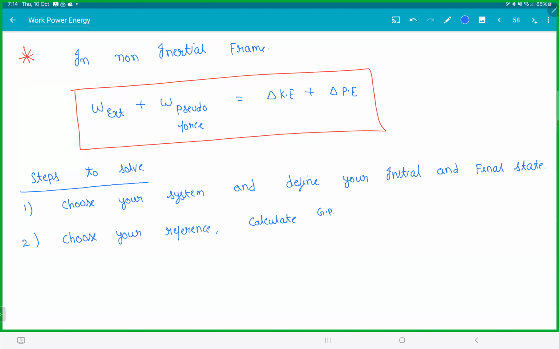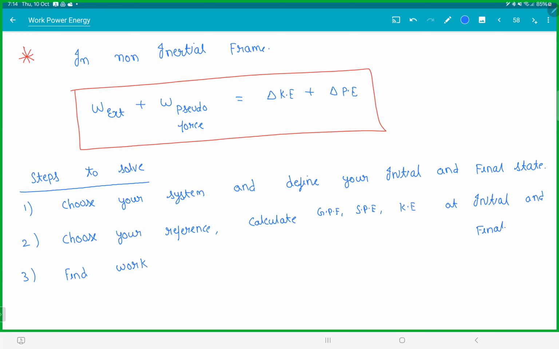Calculate gravitational potential energy, spring potential energy, and kinetic energy at initial and final. Third, find work done by external and pseudo forces. Again, pseudo force depends on the frame.